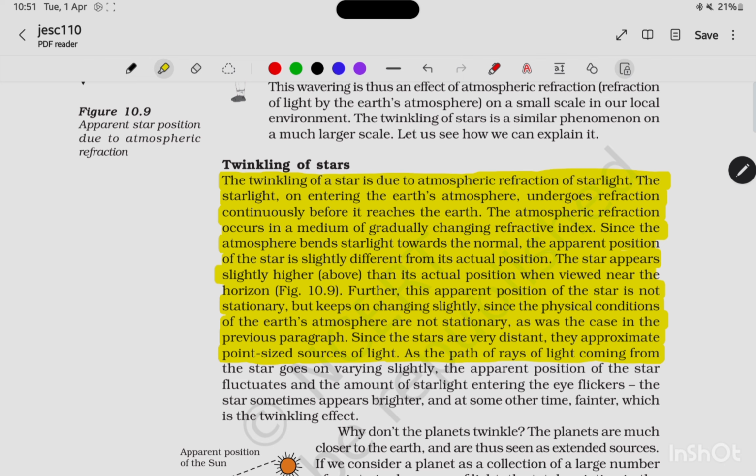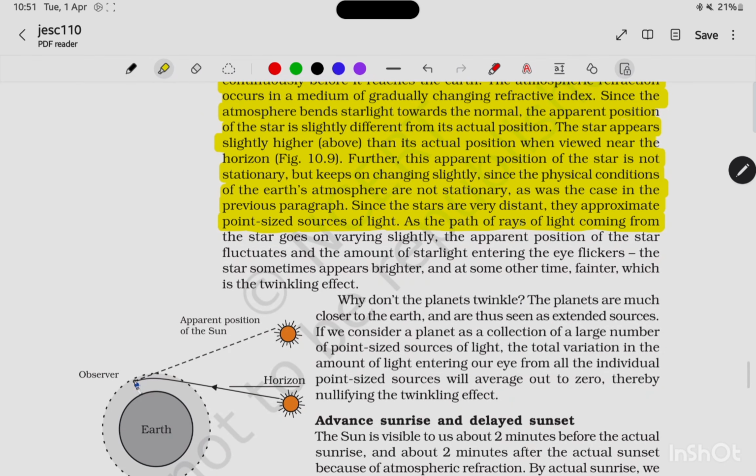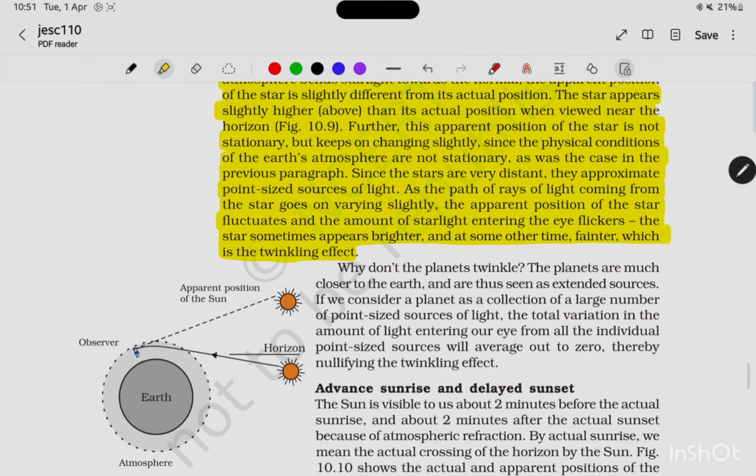As the path of rays of light coming from the star goes on varying slightly, the apparent position of the star fluctuates and the amount of starlight entering the eye flickers. Stars sometimes appear brighter and other times fainter, which is the twinkling effect.